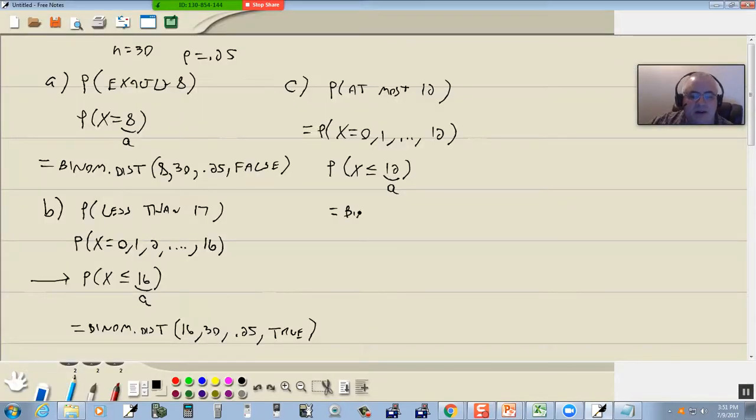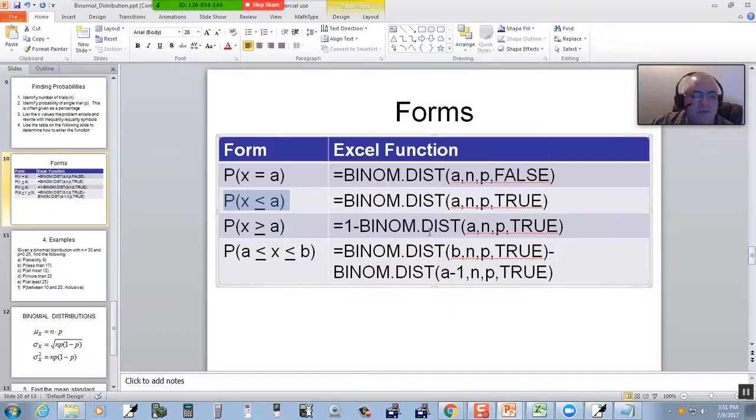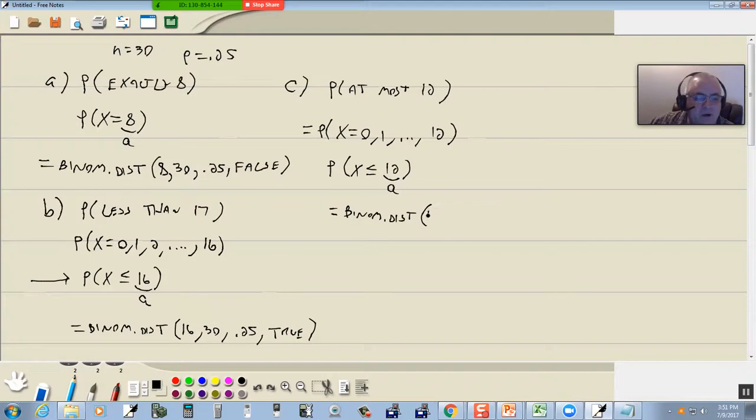So we're going to do binom dist, a, n, p, and then true. A is 12, n is 30, p is 0.25, and then true. And that'll give us our answer. I won't actually plug that into the Excel. I think you saw that with this one.